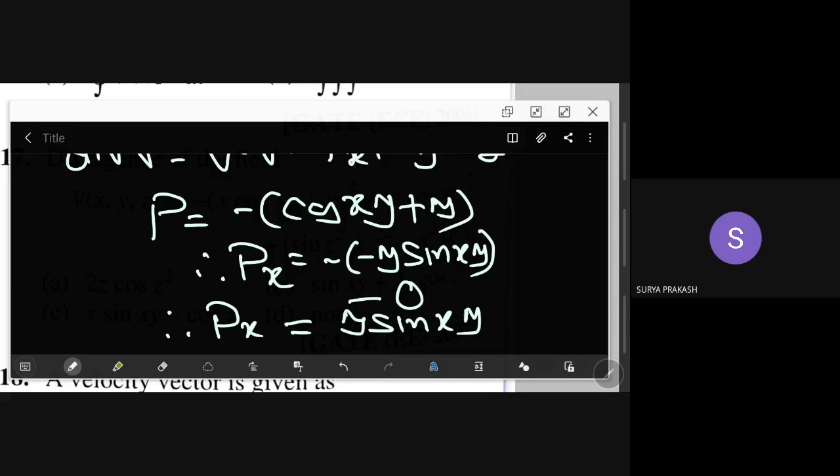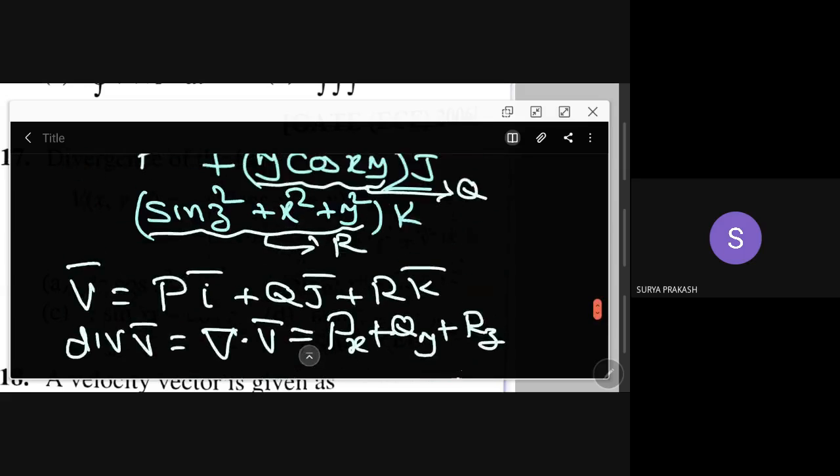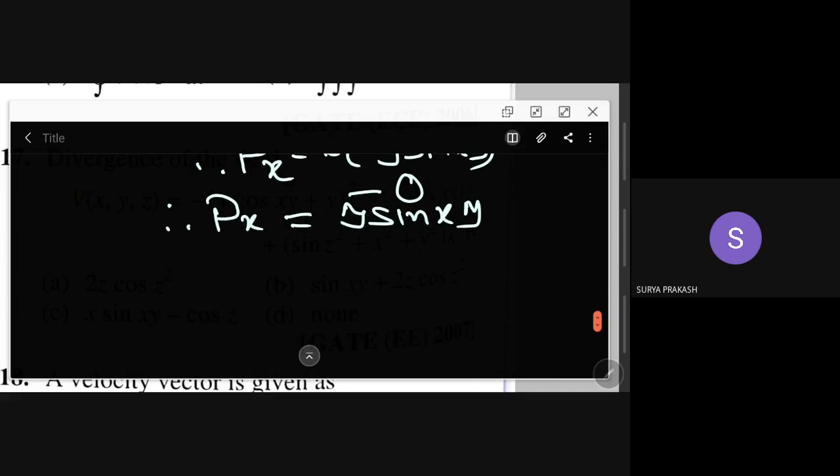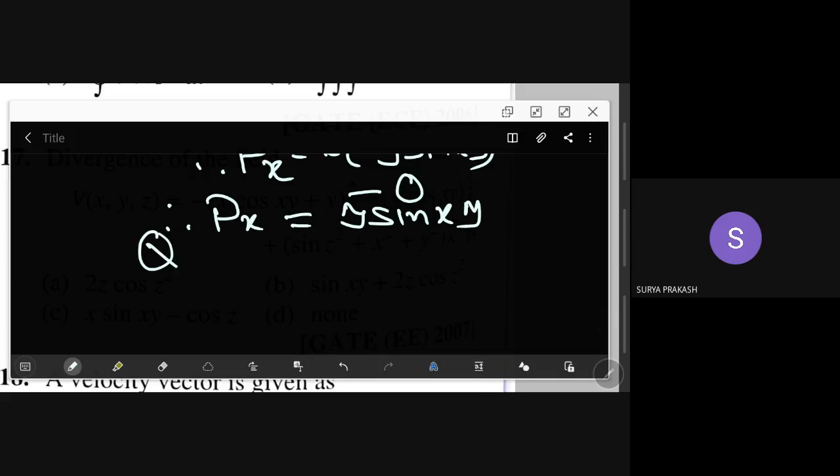Now look at the Q value. Q is y cos xy. So Qy: now see, we have to use the product rule.